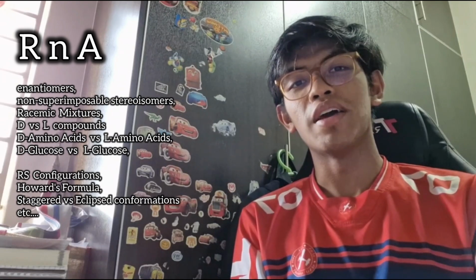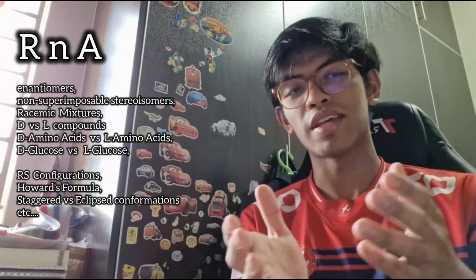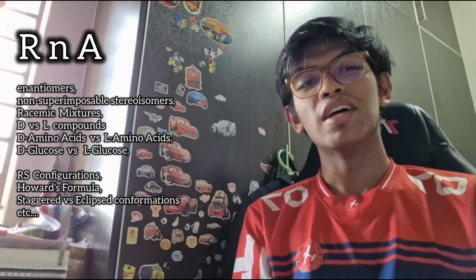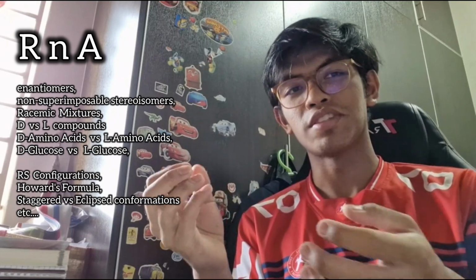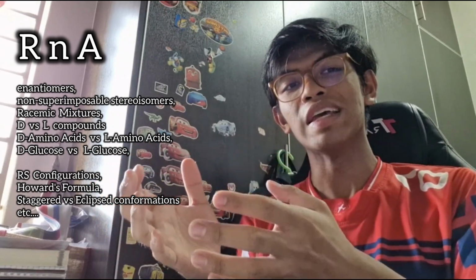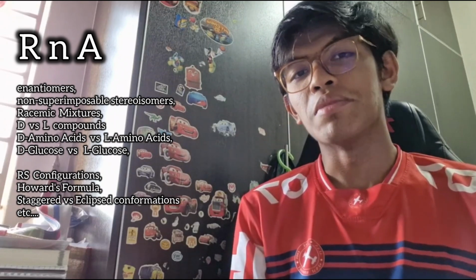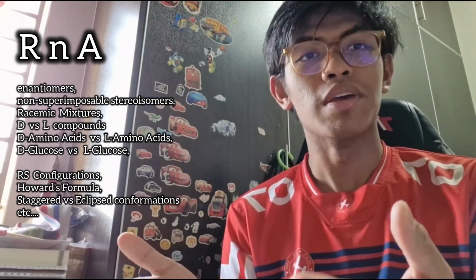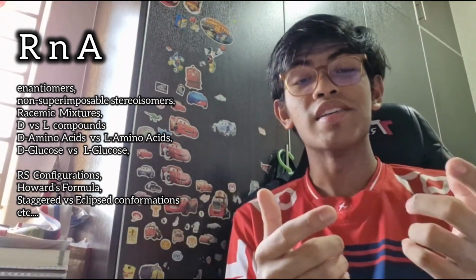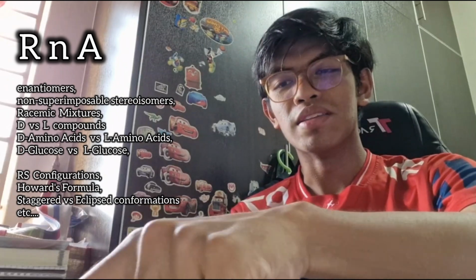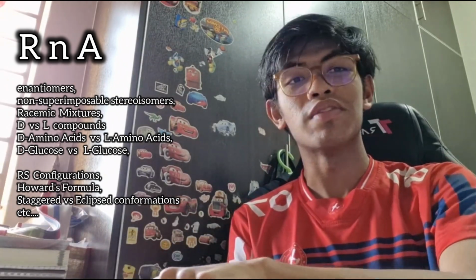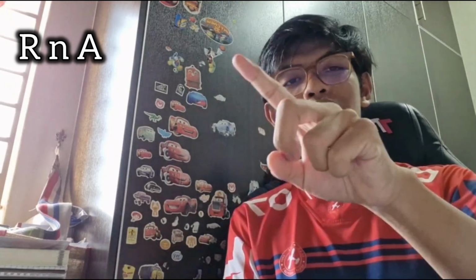And also we've learned about D galactose versus L galactose, and also the position of the functional groups that constitutes whether it is D or L. And also we learn about racemic mixtures, right? R and S conformations, whether it is R or S. So how to make the circulation of the functional groups to determine whether it is R or S of the enantiomers or the stereoisomers.